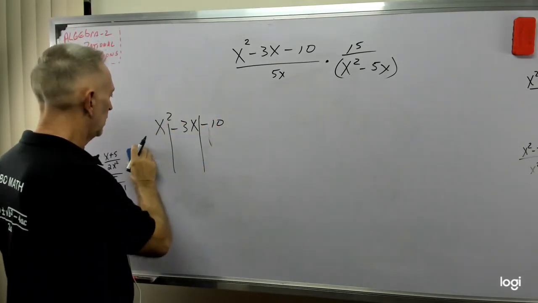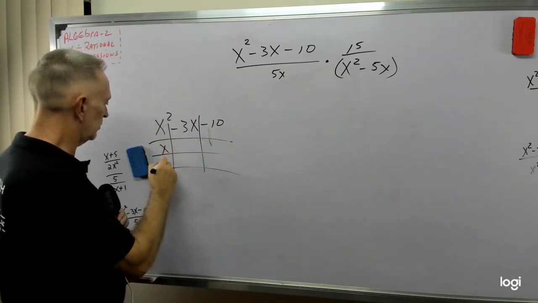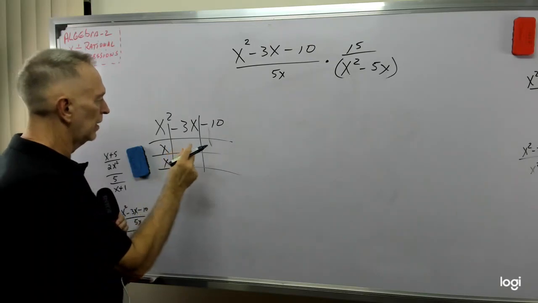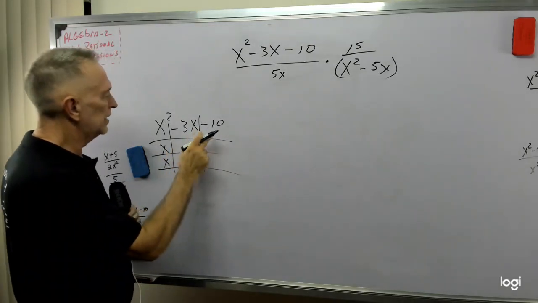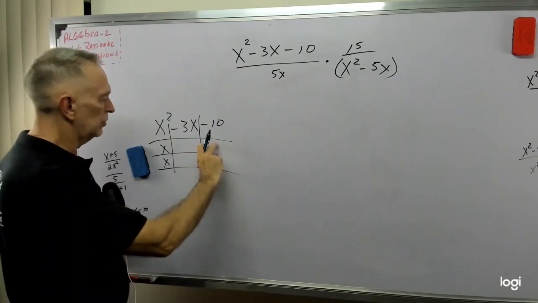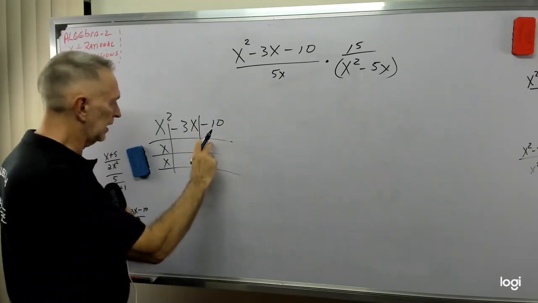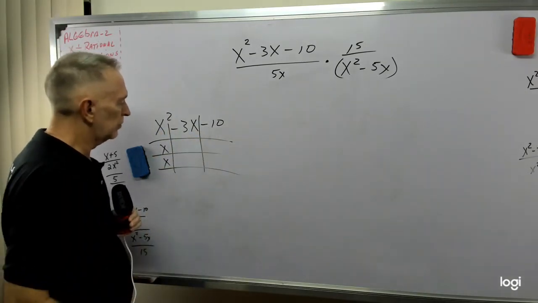Let's draw our grid. X times x gives me x to the second power. What are the two factors that I multiply together to get negative 10, that when I add them together give me negative 3x?